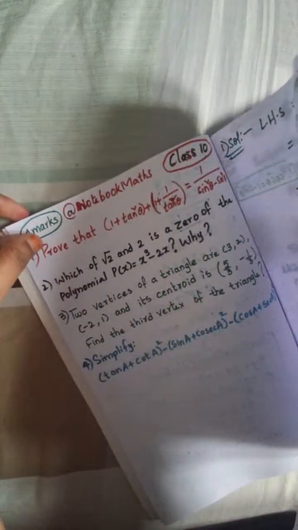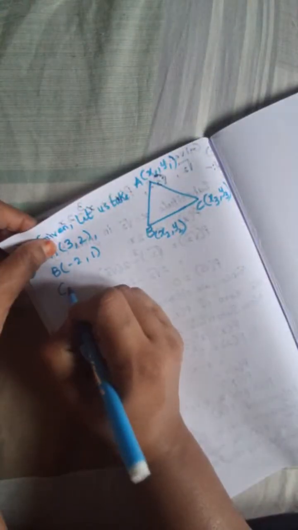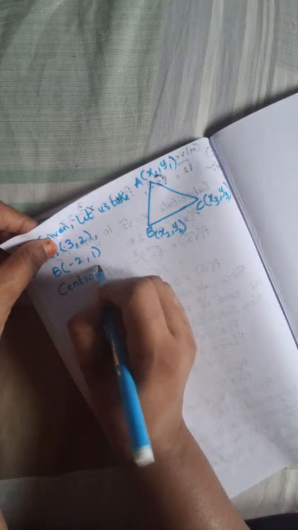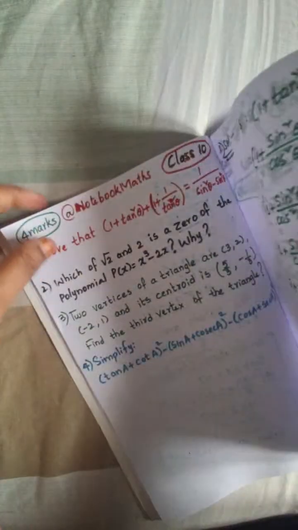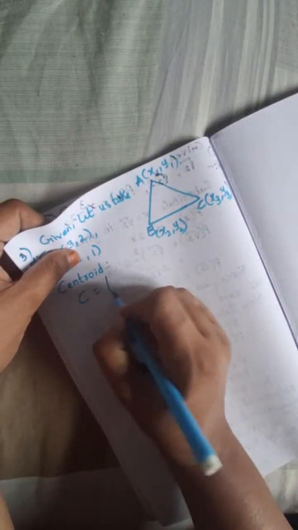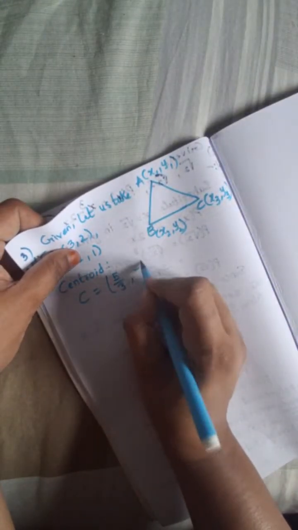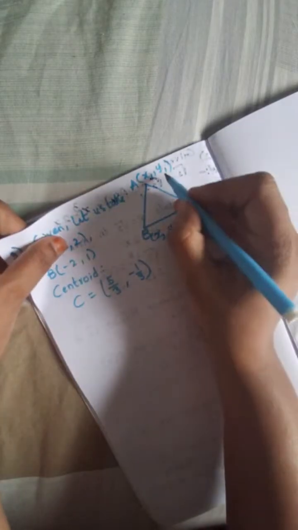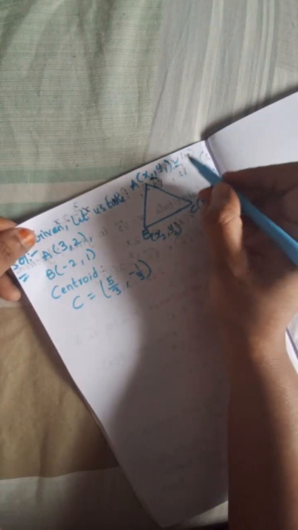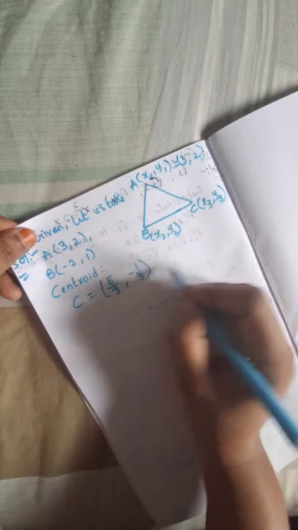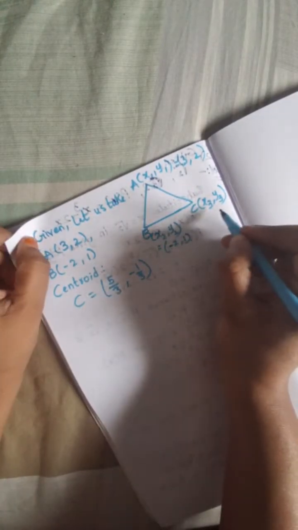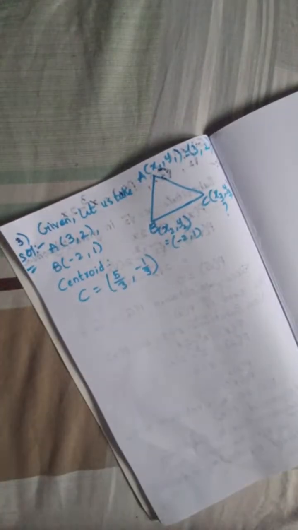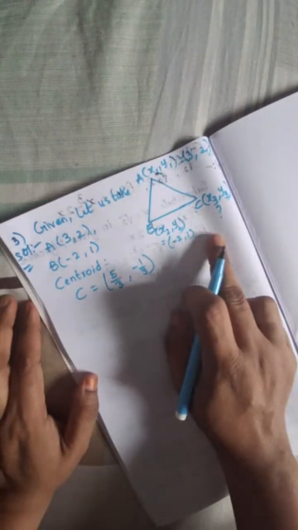And the centroid is given, that is, centroid is 5 by 3 comma minus 1 by 3. A is 3 comma 2, B is minus 2 comma 1, and we have to find C. This is the third vertex we have to find.